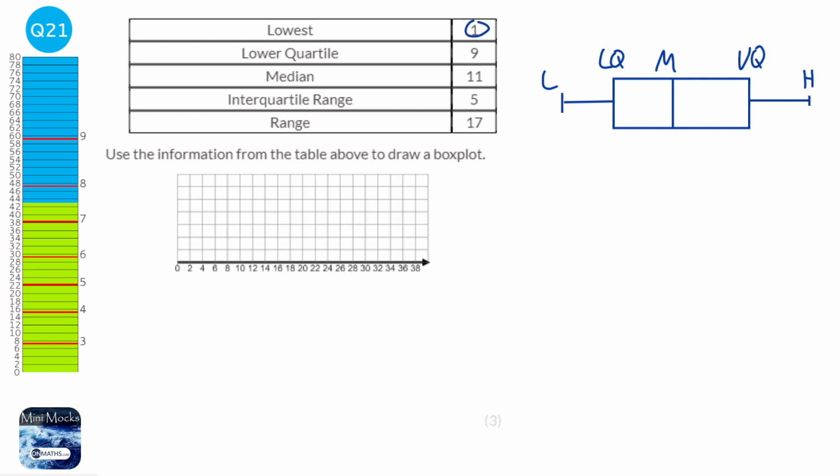So we're going to put a line at 1, a little bit further to the right. There we go. And our lower quartile is 9, which is kind of where the box starts. So we're just going to start a box there. We're just going to connect these up. There we go. And our median is 11, so we're just going to show that.